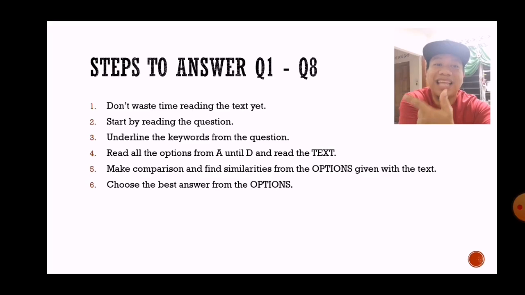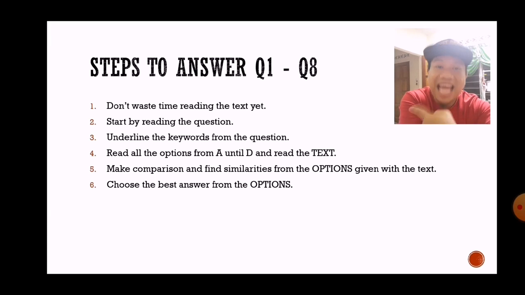Synonym means perkataan yang sama maksud. So you find this similarity or the synonym with the text from the option and the text. After you find it, these are what can be considered as clues, clues left by the question setter to help the students get the correct answer.